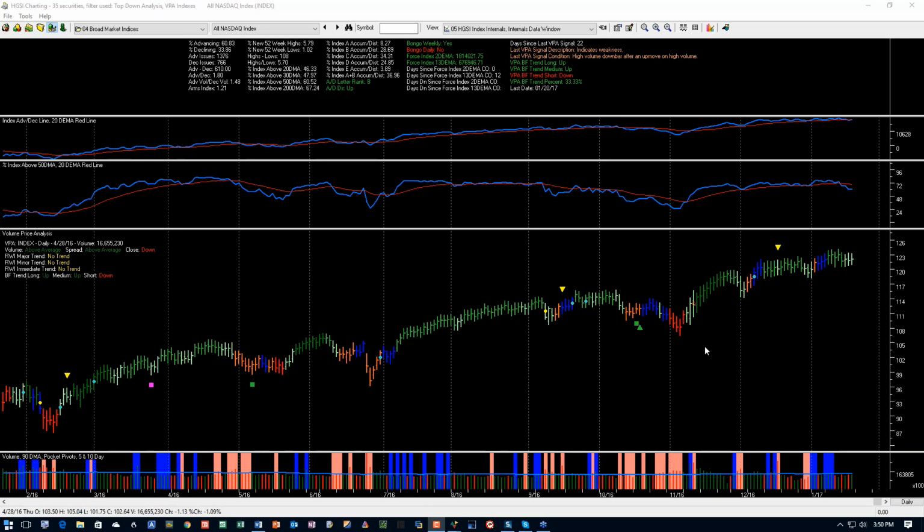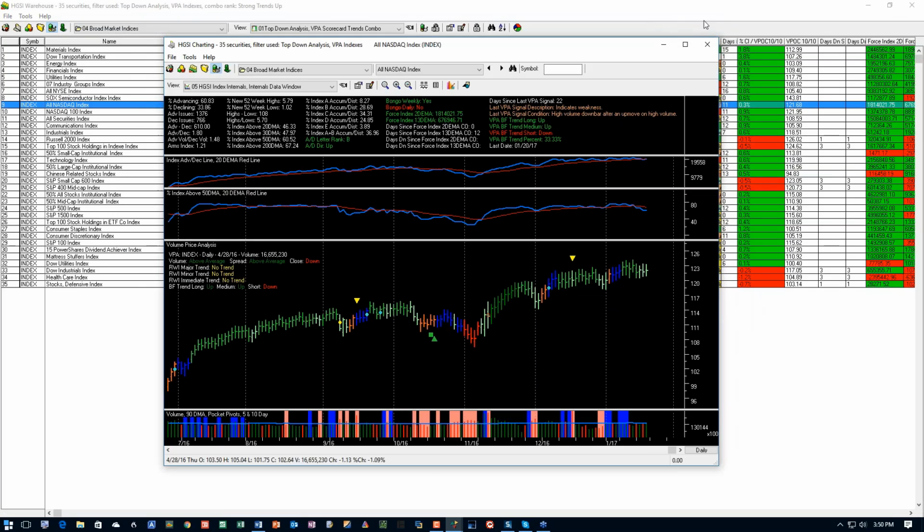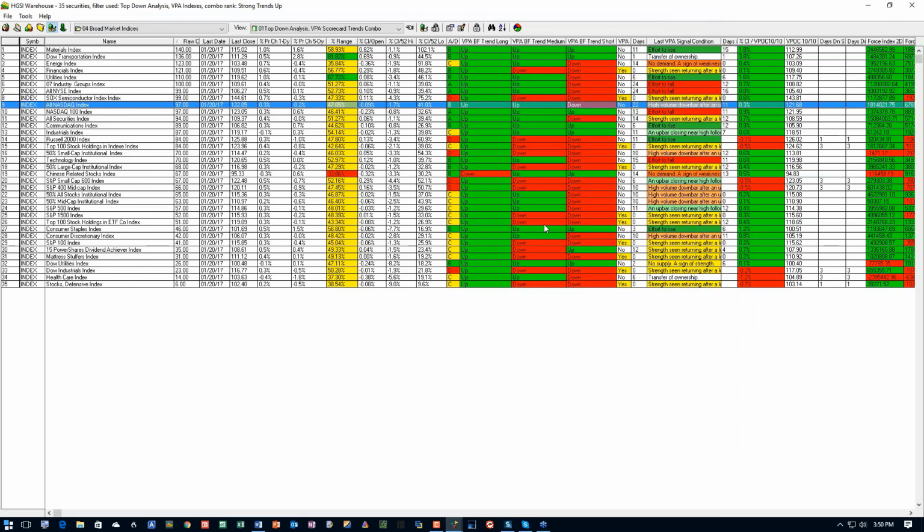Whereas with the equal dollar weighted stocks, every stock that's indexed gets equal weighting. So that is why I am moving over to market cap weighting. Now, like I said, it's not set in stone, but I think it's going to give us a better feel for what's going on with the market.